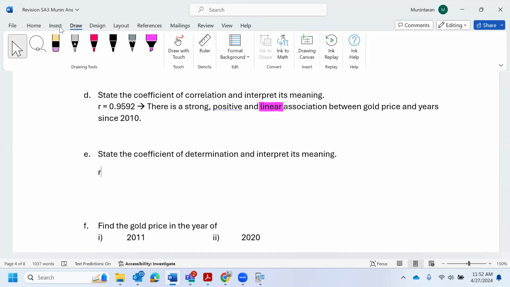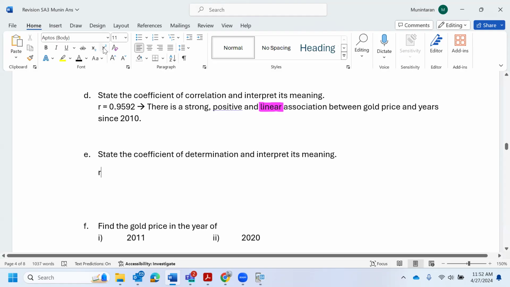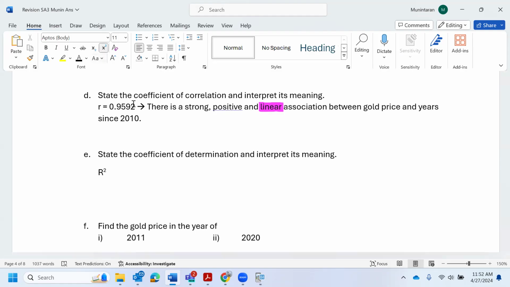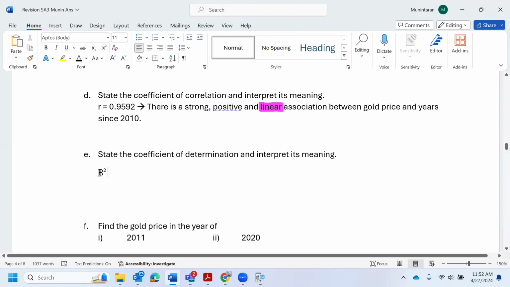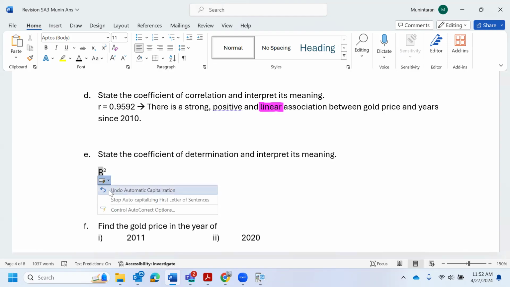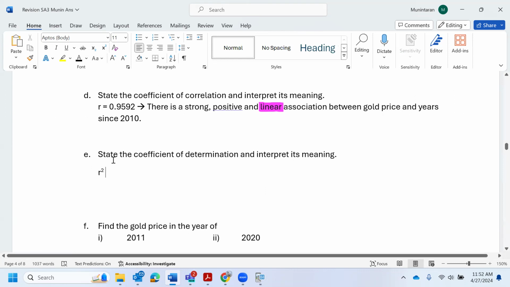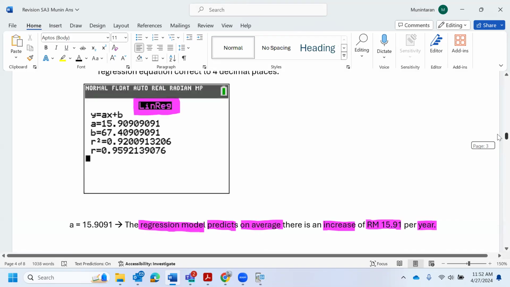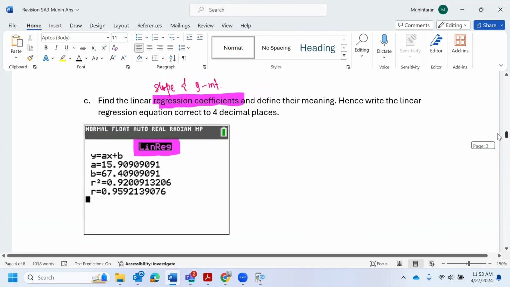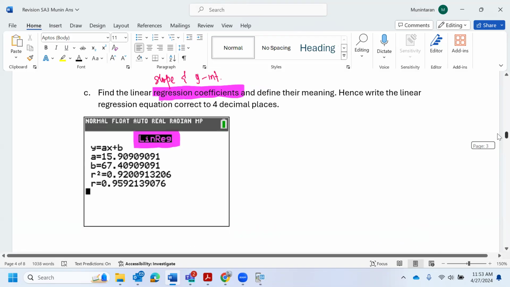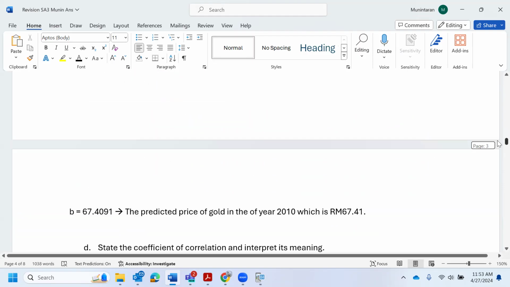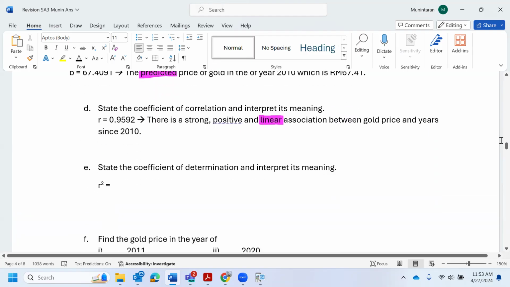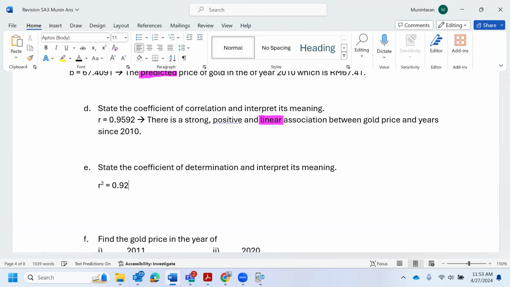R squared equals to 0.9201. What does it mean?